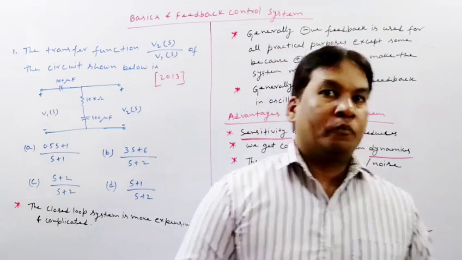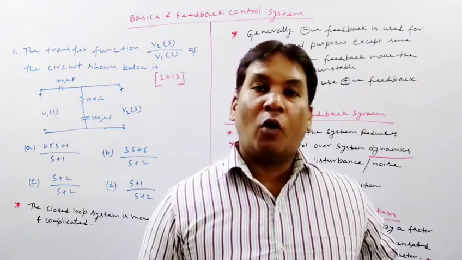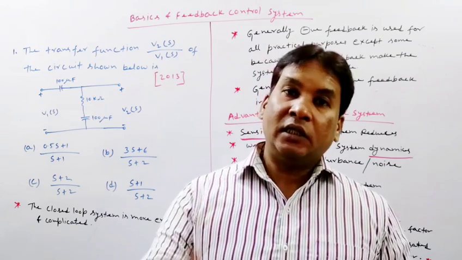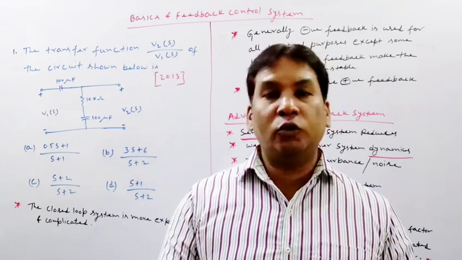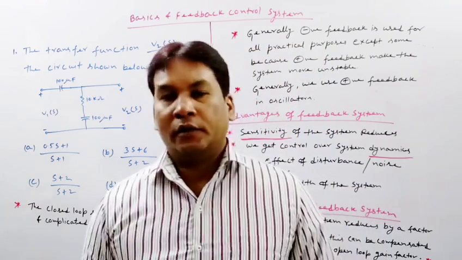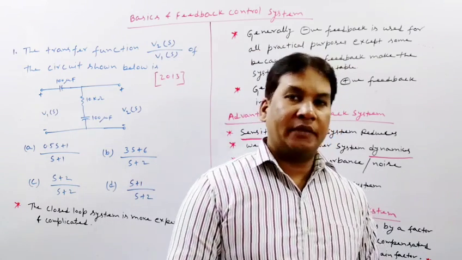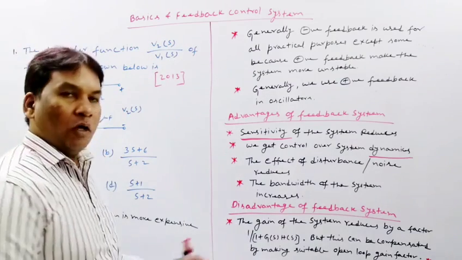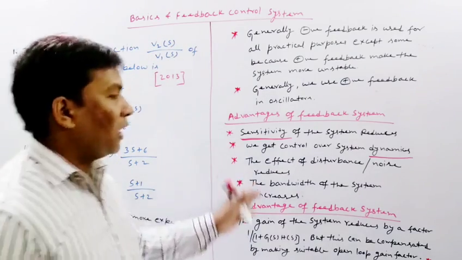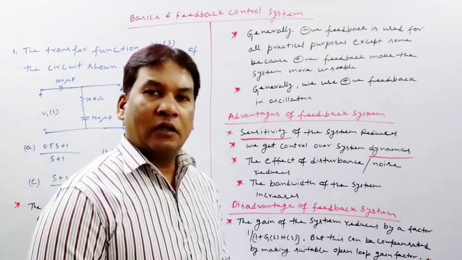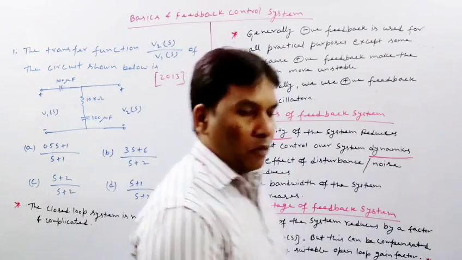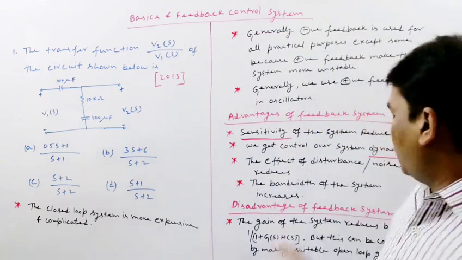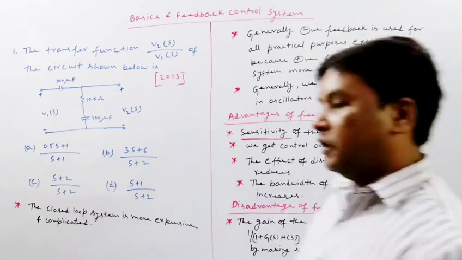But the blowing of the horn is not noise for that vehicle driver, because that is the signal which he is using for his safety and for others' safety. So noise is also relative to what we are talking about. So I think you have understood what is noise, what is dynamics.